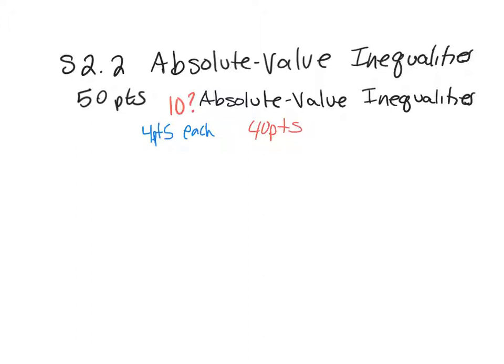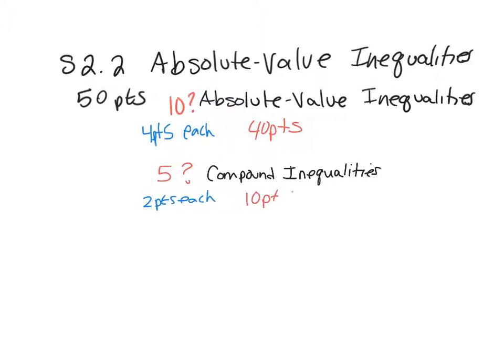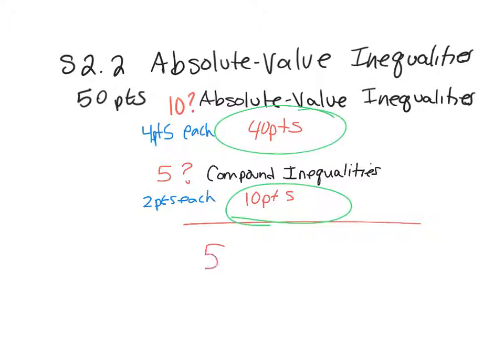And then you are going to have 5 questions that are regular or compound inequalities, and those are going to be worth 2 points each, bringing the difference of 10 points. So that's where we get the 50 points altogether. So 40 points are for absolute value inequalities, and 10 points are for compound inequalities, and that's where we get the total amount of 50 points on this summative.